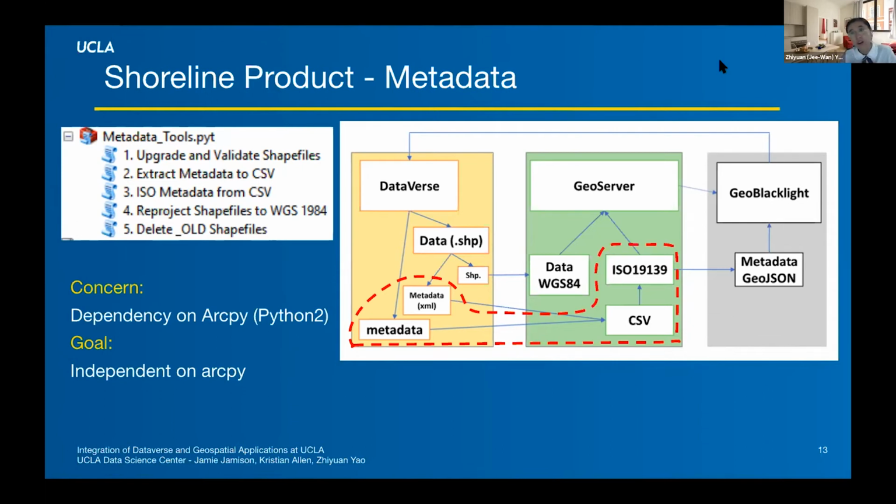But we found that these tools are heavily dependent on ArcPy, and ArcPy is written in Python 2. So we want to convert this process to be independent of ArcPy.